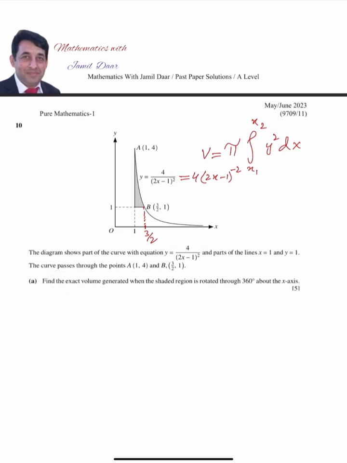So sorry, V is equal to pi integral from 1 to 3 by 2 of (4 into (2x minus 1) to the power of minus 2) whole squared dx. Now this is the volume of the whole.